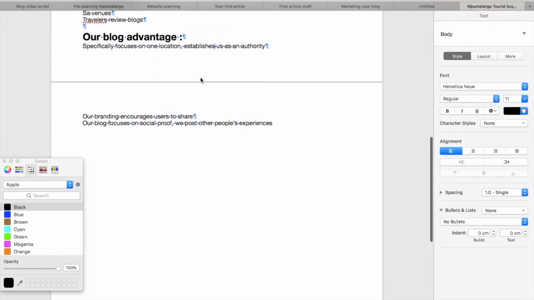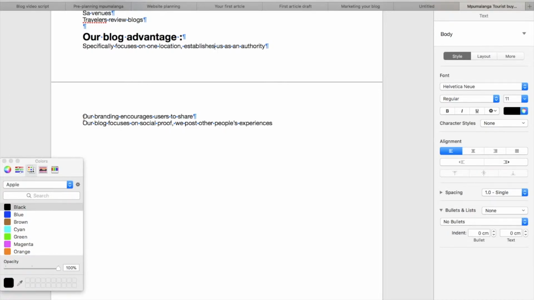Then the second advantage I said we have is that our branding encourages users to share. If you saw my website, mpumalangatourist.co.za, you will see that the call to action is actually to share. I want people to share their experience. If there's a person who's been to Mpumalanga and has visited a place, I encourage them to share that experience on the website so that other people can see what it was like.